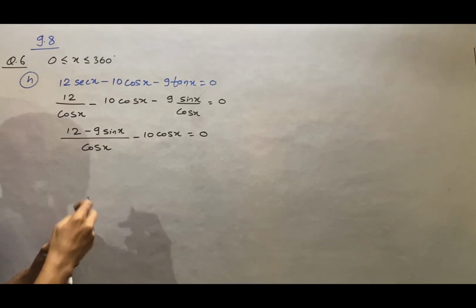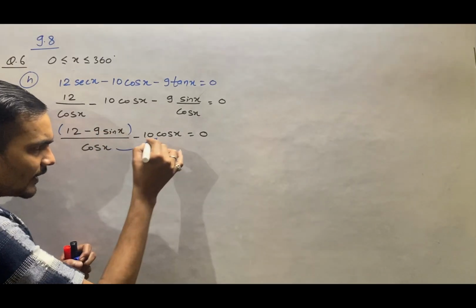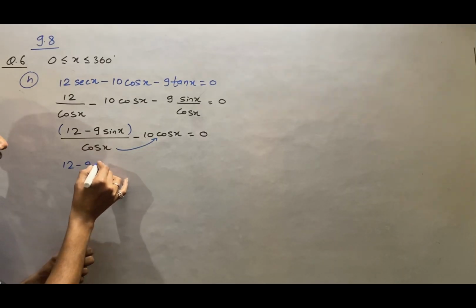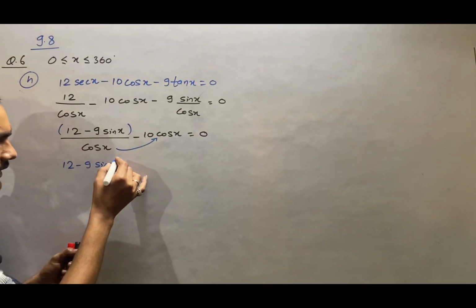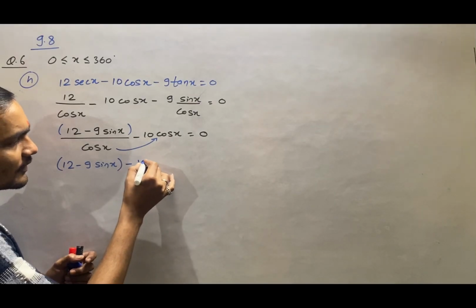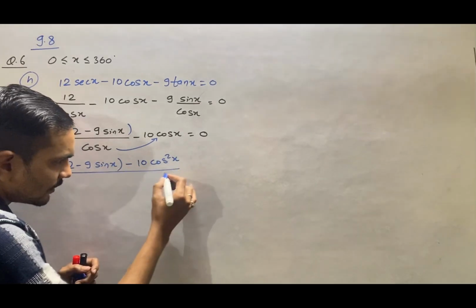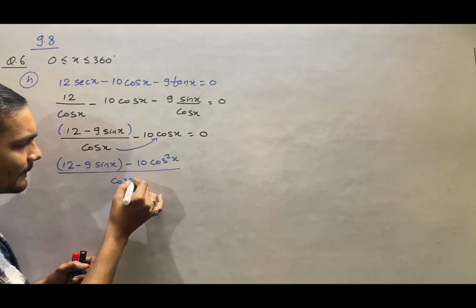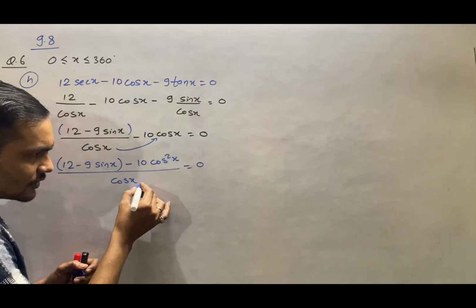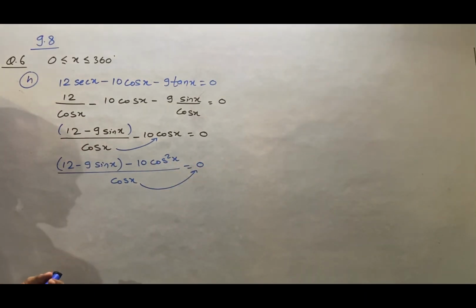So now let's take this part as it is and now cross multiply this cos into that cos. So 12 minus 9 sine of x, and if we multiply this cos by that cos, 10 cos square of x, and the whole denominator is cos. Now this cos, if we take to that side, 0 times cos of x is 0.